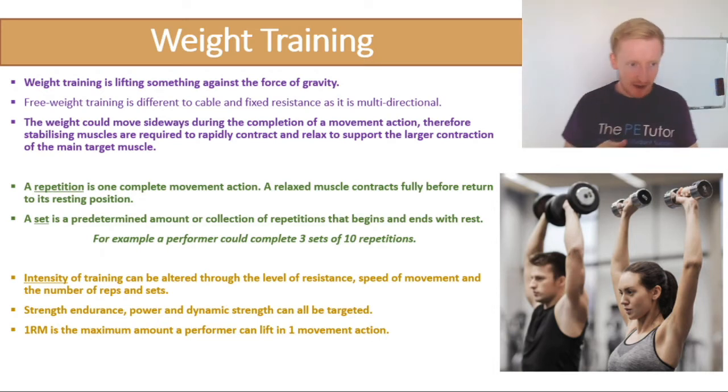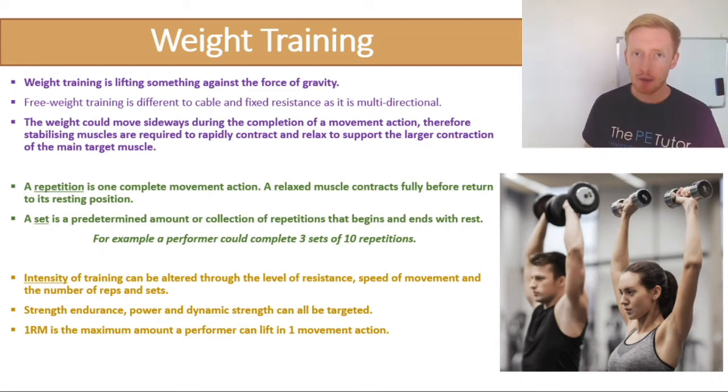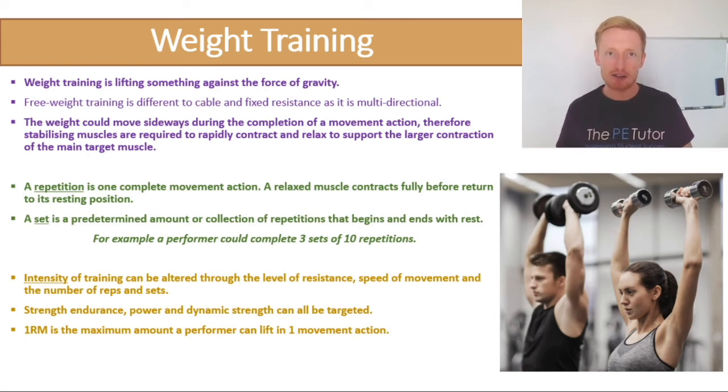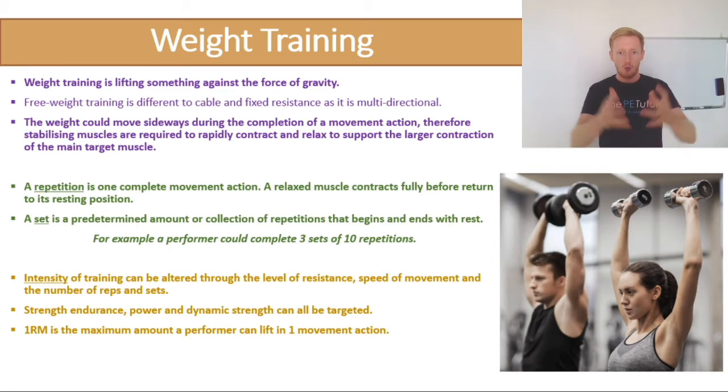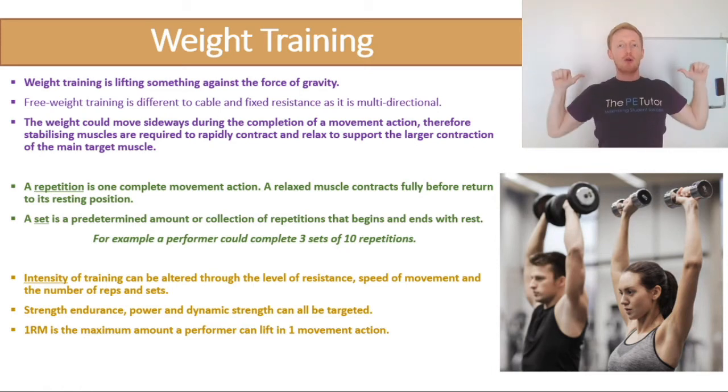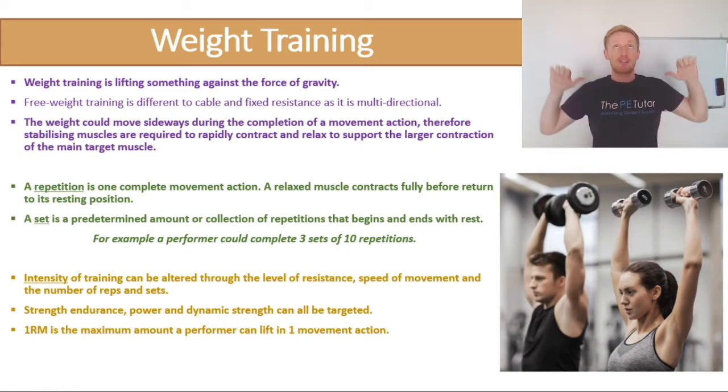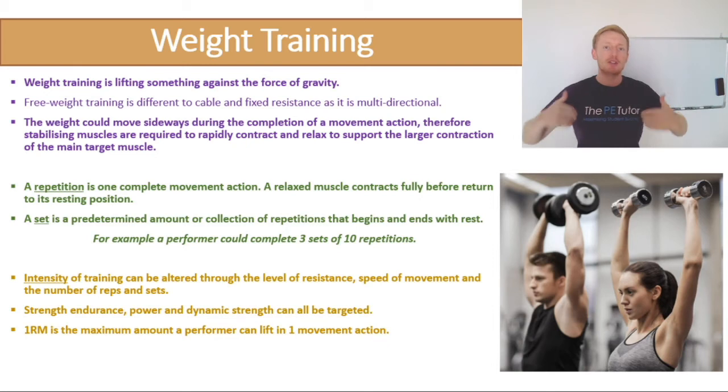So we can manipulate the intensity, and it's based on our 1 rep max. That's what that means down at the bottom there, 1 RM, our 1 repetition max. So for these people in the picture, they would have a number where they could, with correct and safe form, complete 1 repetition of that movement action. If they tried again, they'd fail. They'd be too tired.